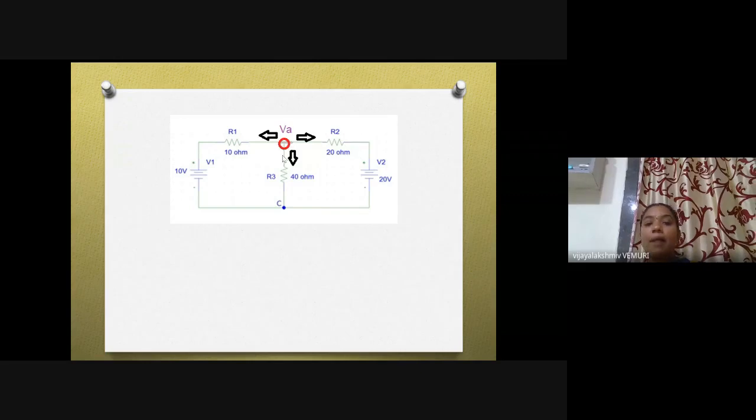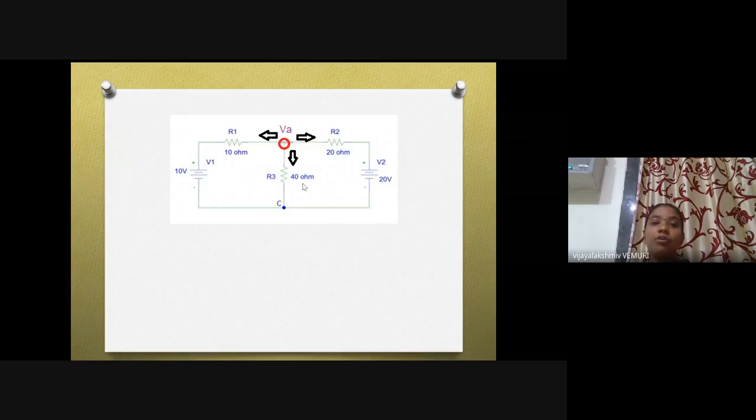So you need to apply KCL to a non-reference node. In mesh analysis, we have assumed the direction of currents, isn't it? Either clockwise or anti-clockwise, you have assumed.